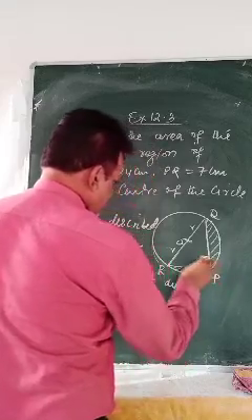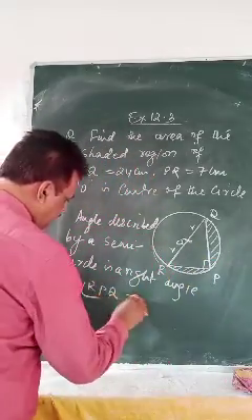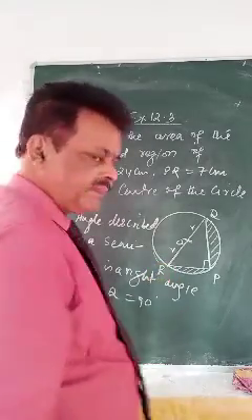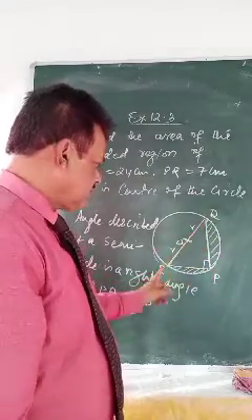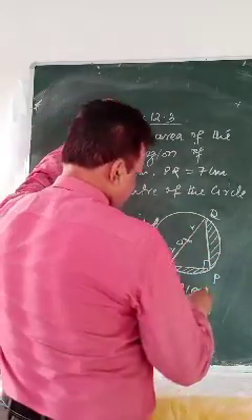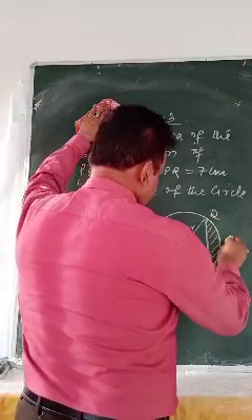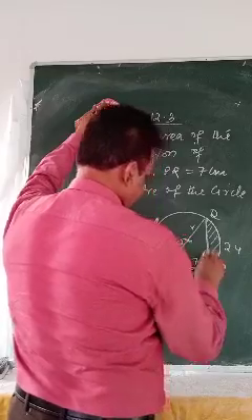Means what? Angle RPQ is 90 degrees. 90 degrees means you can use the Pythagoras theorem. So Pythagoras theorem means what you get? PQ is 24, this is 24. PR, this is 7.